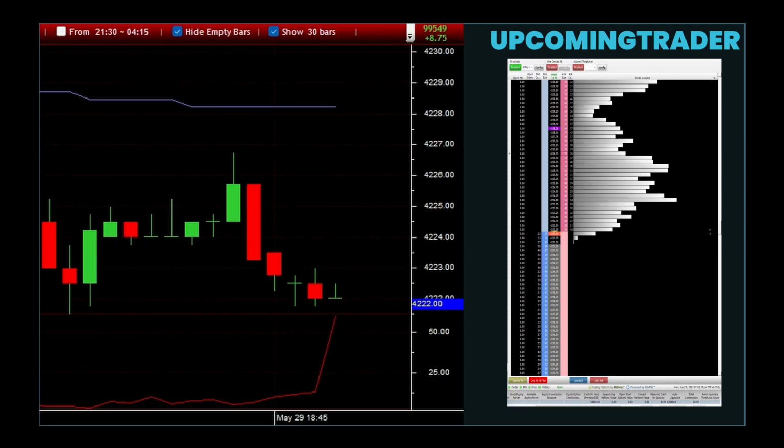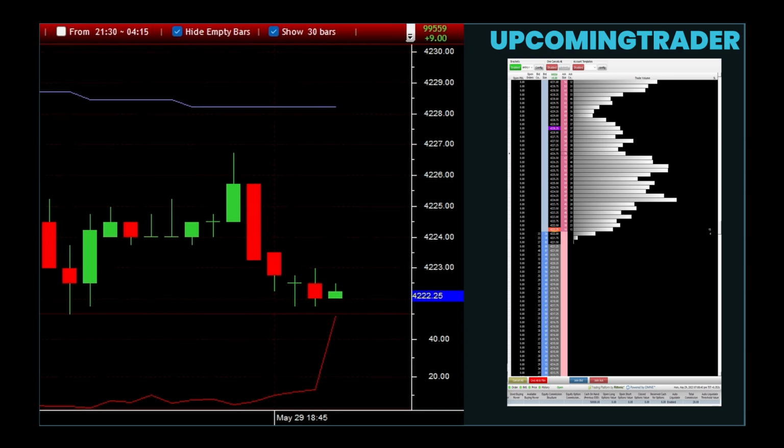Double distribution days often indicate a strong shift in market sentiment, and the area between the two distributions can serve as a critical zone for support or resistance. Traders can use this pattern to predict whether the market will fill the gap between the distributions or continue to build value at the new level.